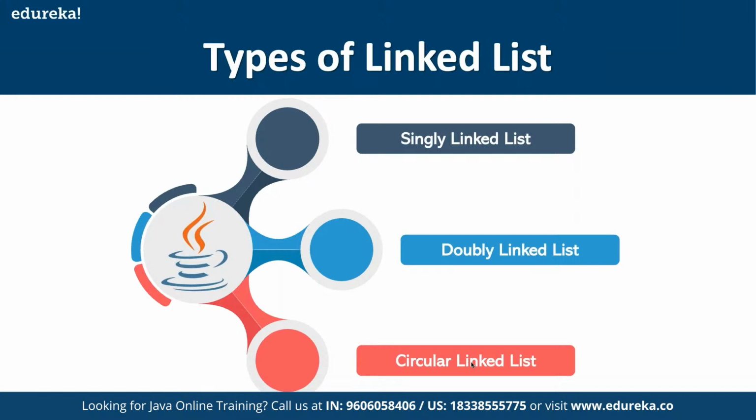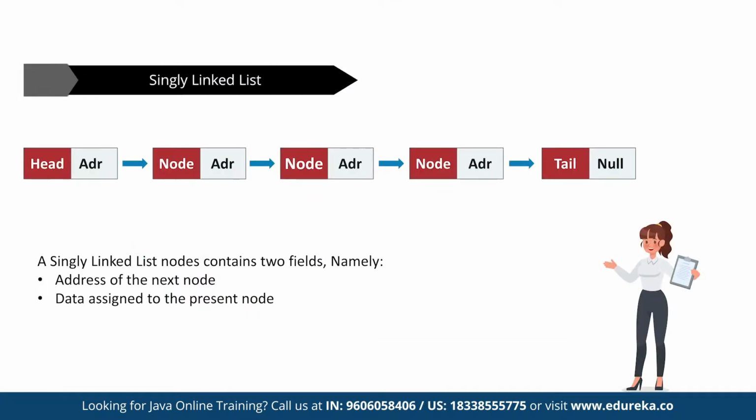If we talk about the singly linked list, basically we are going to have one head, and then multiple nodes attached, with the last value as null. A singly linked list simply contains two fields: the address of the next node and the data assigned to the present node itself.